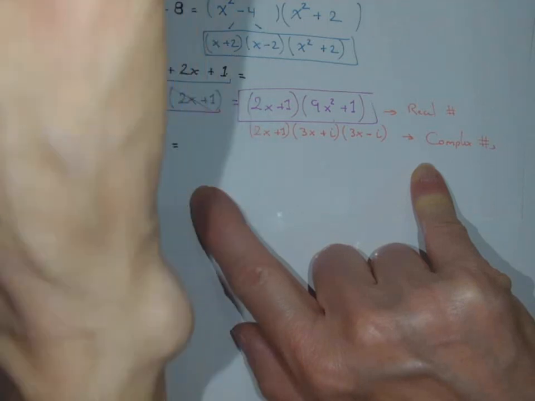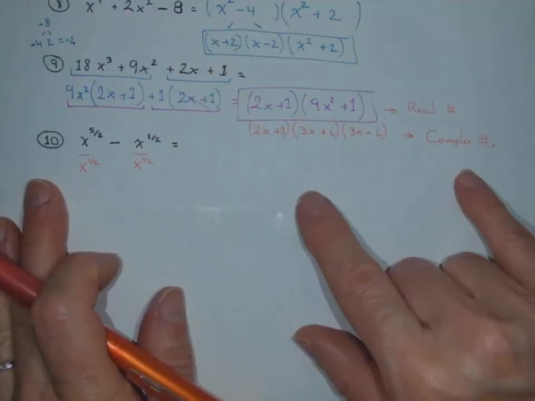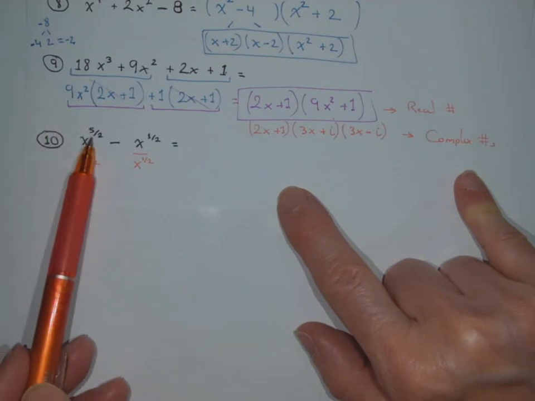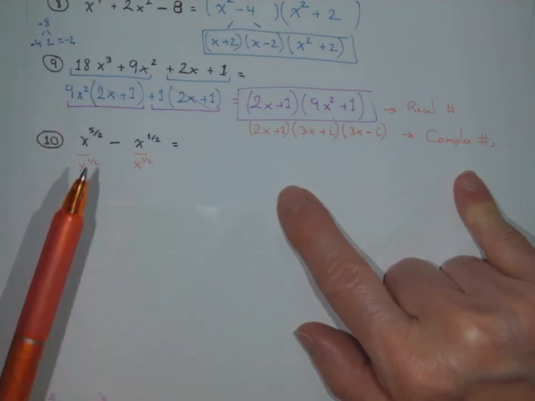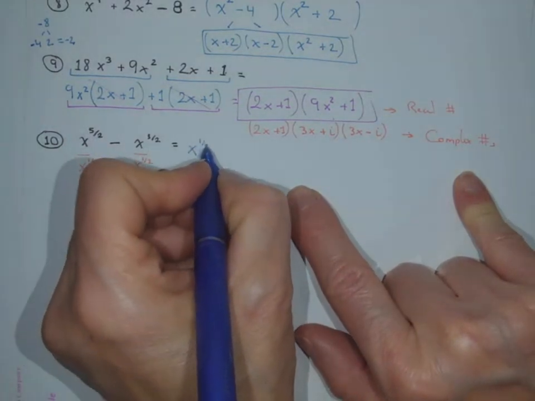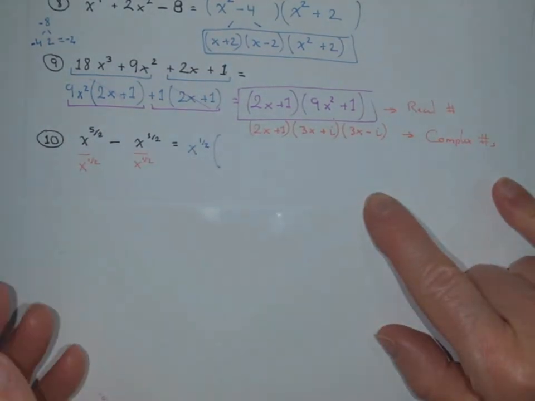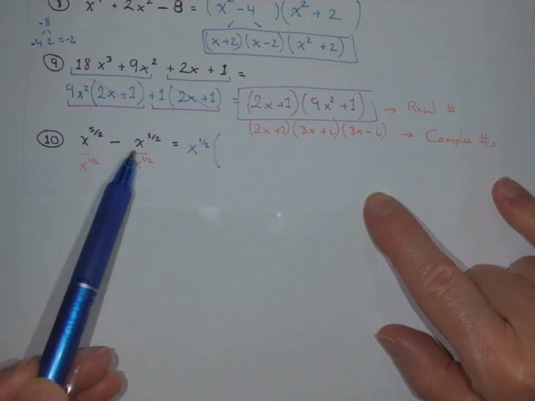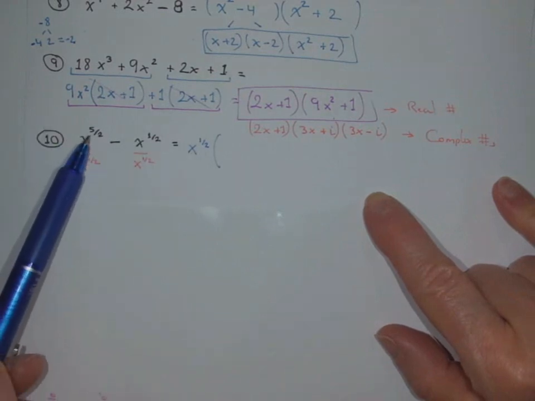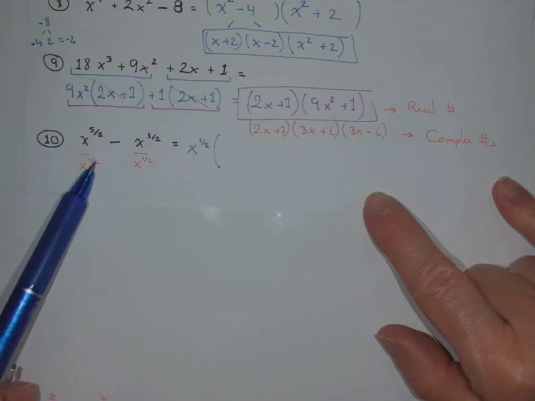Now, I didn't write that down anywhere above, but just here, for the sake of showing you what's going on, I'm going to write that down. So we're factoring an x to the 1/2 out, and so what's left over? Well, factoring is a division, so we're dividing that. And when we divide, we subtract the exponent, right?